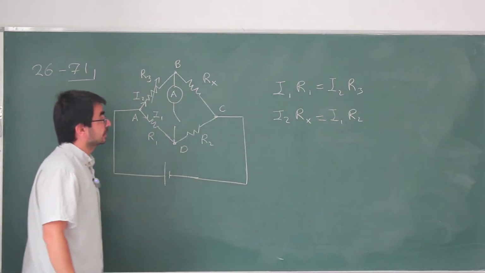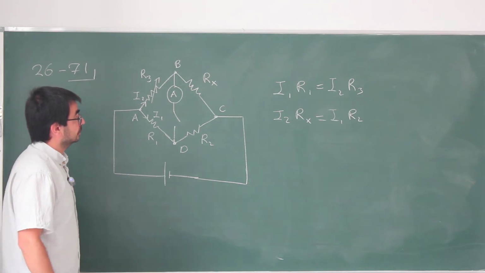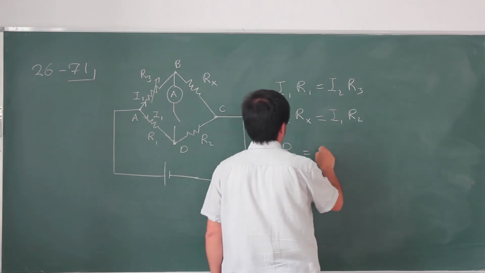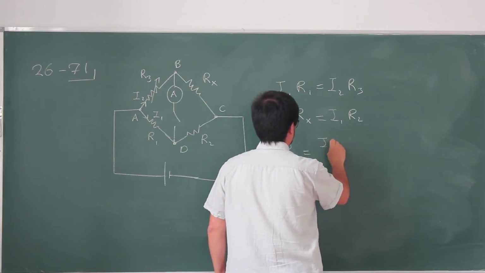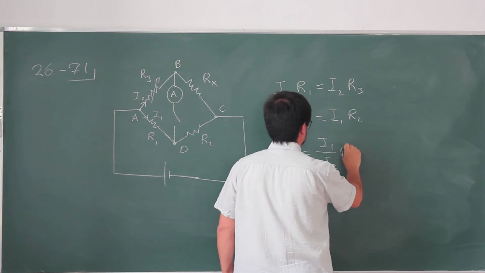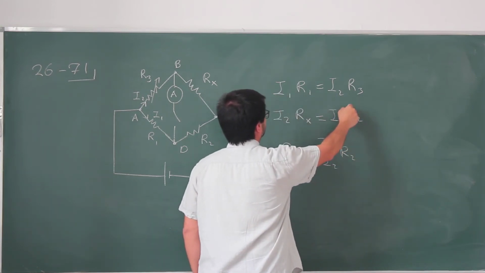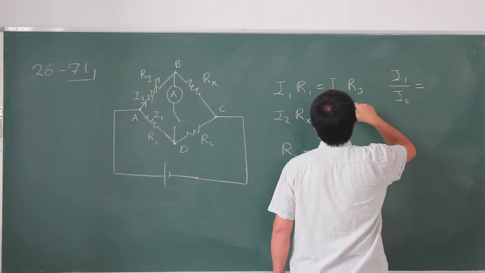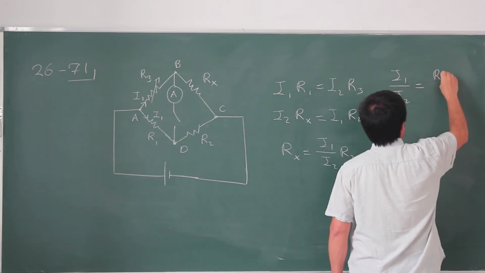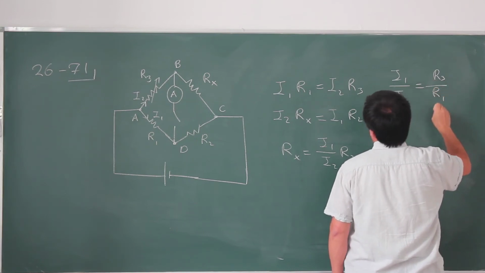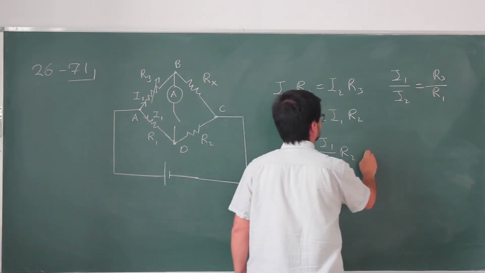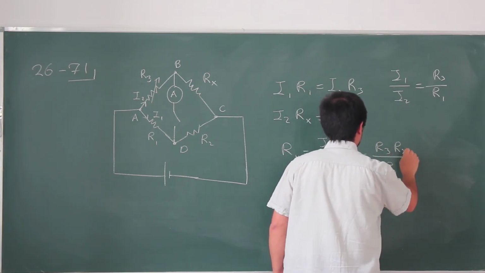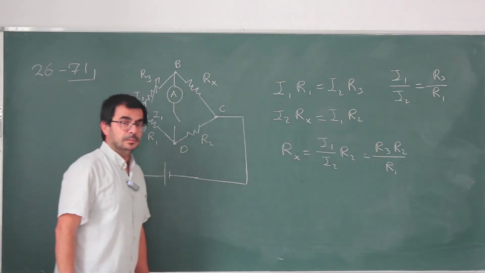And we are to solve this in terms of Rx, so let us write it that way. Rx is going to be I1 over I2 times R2, but from here we can write that I1 over I2 is equal to R3 over R1. Okay, so I can put this in here, R3 over R1 times R2 is going to be my unknown resistance.